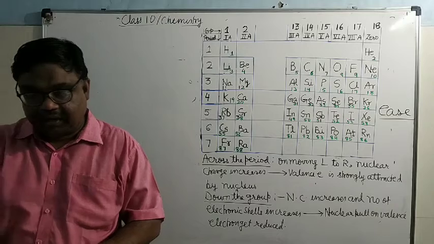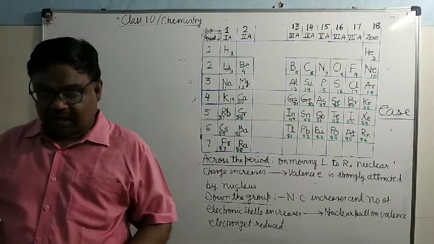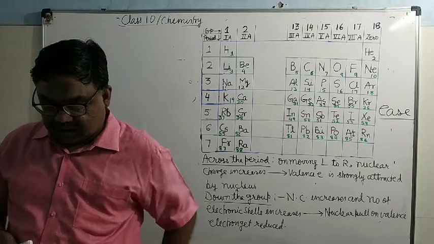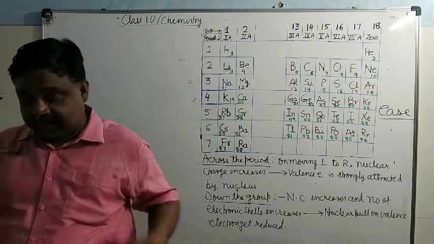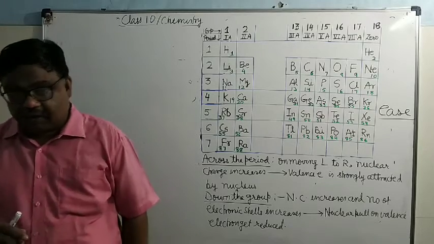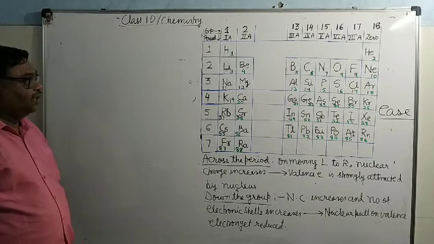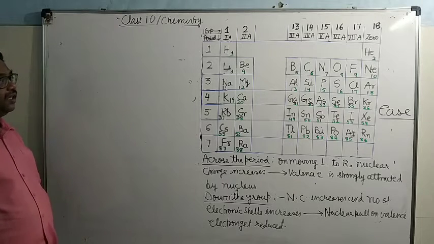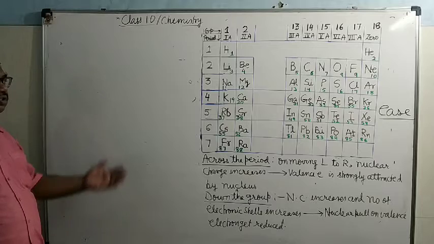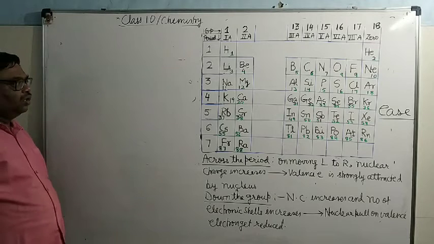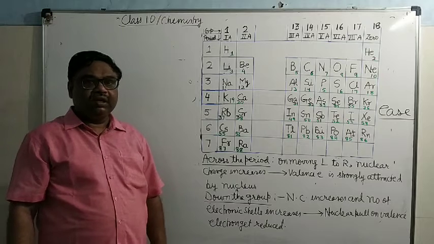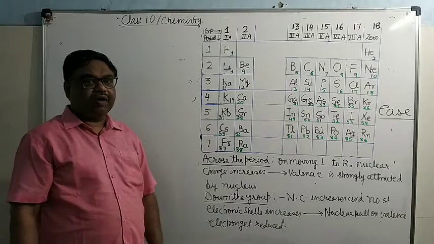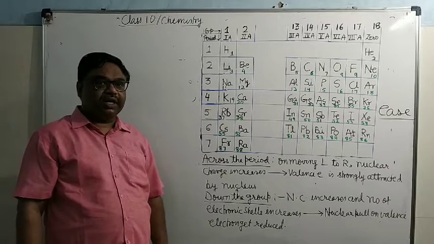Reactivity of elements depends upon the tendency of losing or gaining the electron from the outermost shell. So this I have already told. Here tendency of losing the electron means the metallic character, tendency of gaining the electron means the non-metallic character.